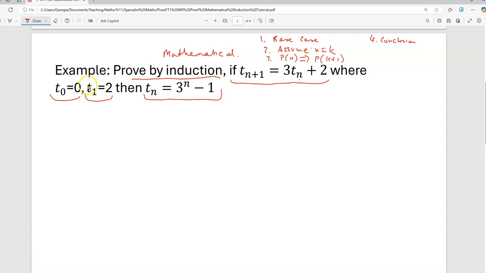The base case in this one has 2 base cases: one base case of n equal to 0 and another base case of n equal to 1.